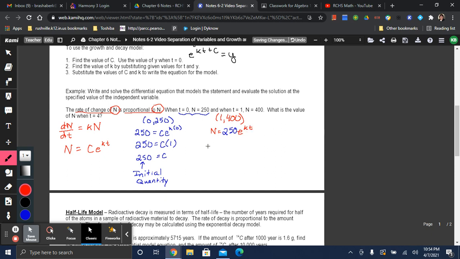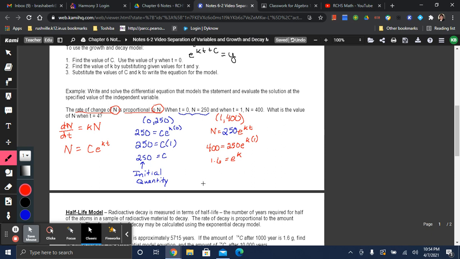I can substitute in 400 for the n, then 250 e to the k times 1. I still don't know k, but I do know my time is 1. So now I have just e to the k power. I can divide both sides by 250. So 400 divided by 250 would give me 1.6 equals e to the k power.